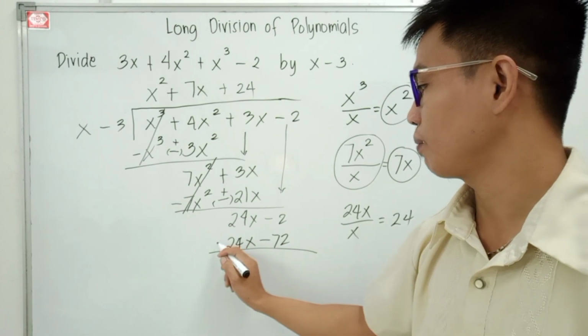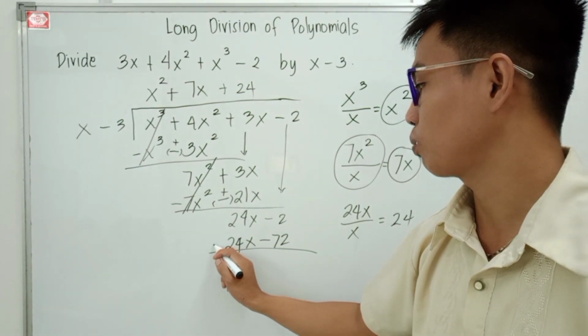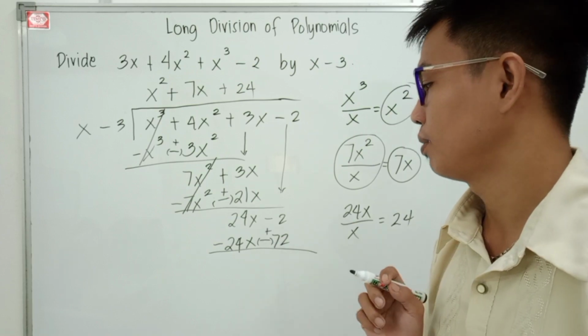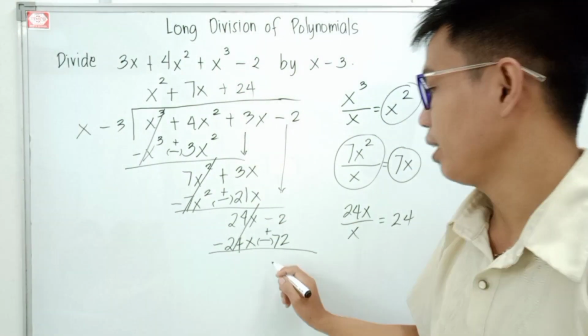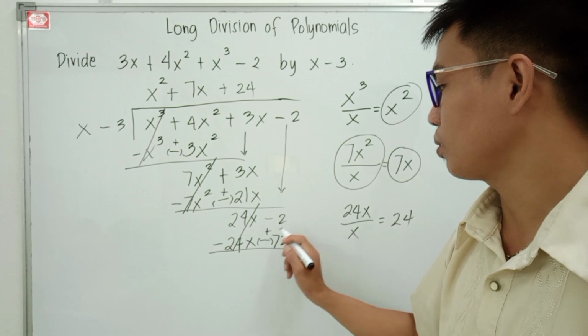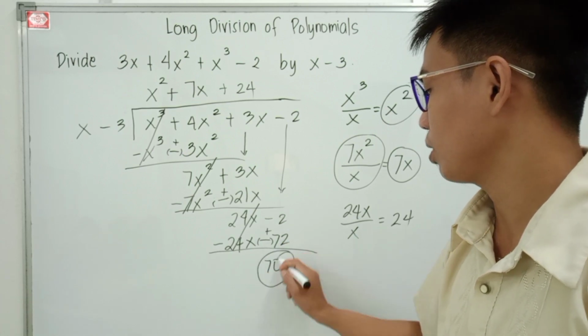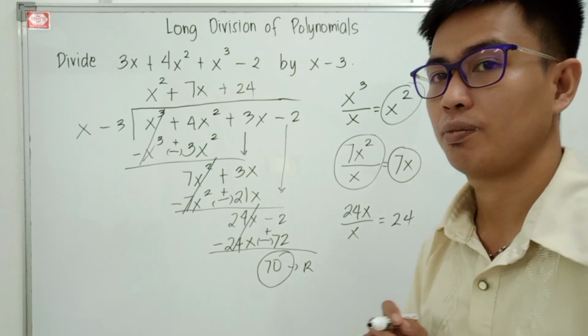Then change the sign of the subtrahend. Positive 24x will be negative, negative 72 will be positive. Then cancel. And we have here negative 2 plus 72 is 70. And this is what we call the remainder.